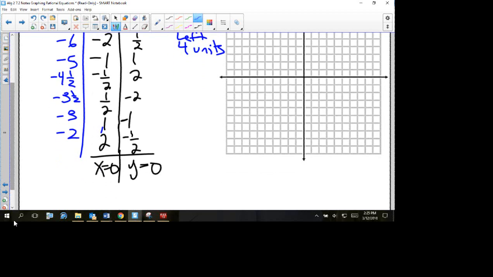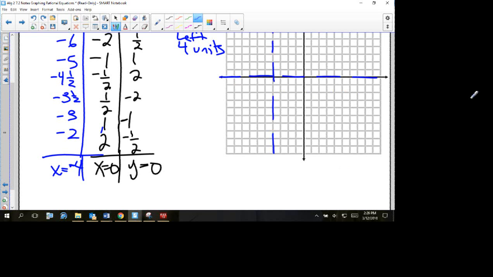And we'll subtract from the asymptote. So x equals negative 4 is my x asymptote. My y asymptote hasn't changed. Y equals 0. And then you grab your points.